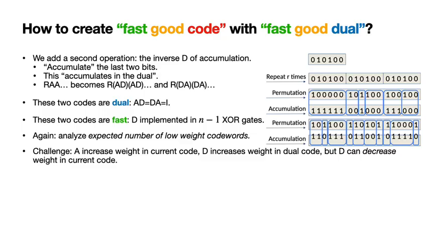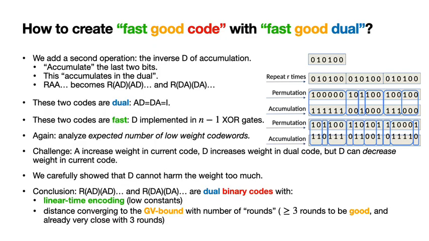You can go from a vector with a very high weight to a vector of weight 1, which is something that cannot happen under the accumulator. We had to carefully analyze that the D matrix doesn't do this too much, and that it balances out with the accumulator to still give you good distance.